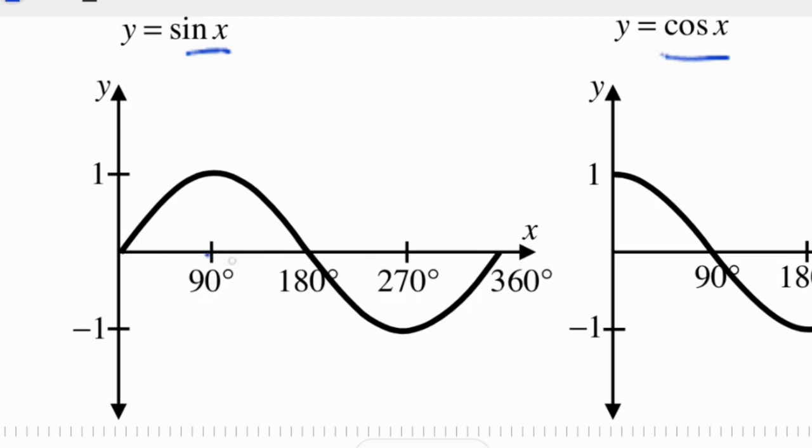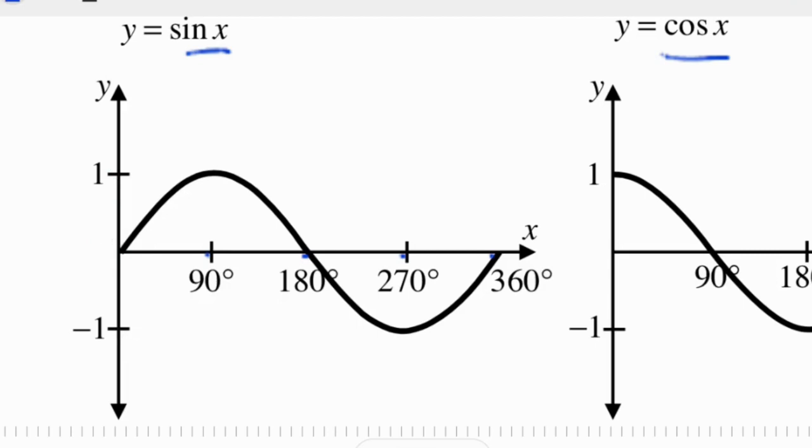Make sure that the spaces in between are equal. The space between 0 and 90, 90 and 180, 180 and 270, and 270 and 360 must be exactly equal, and the space between 0 to 1 and 0 to -1 should also be equal on your y-axis.